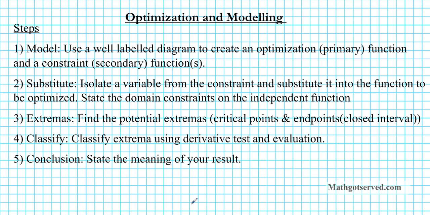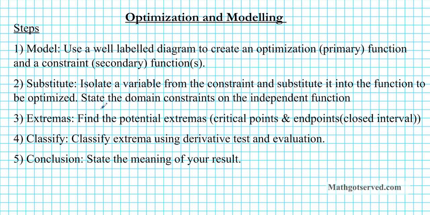It can also be referred to as the main or primary function, and a constraint or secondary function. You could have more than one constraint on an optimization function. After creating the model and the constraints, we're going to do the substitution. In this case, we're going to isolate a variable from the constraint functions and then plug them into the function to be optimized.